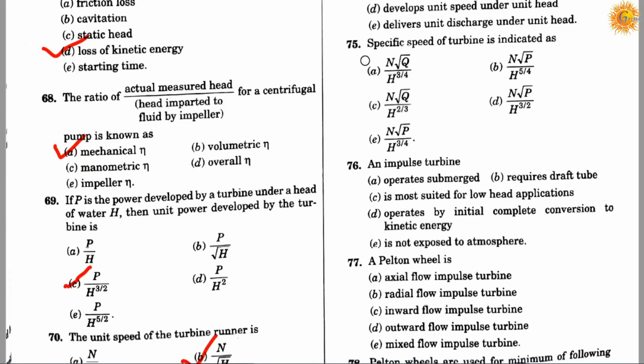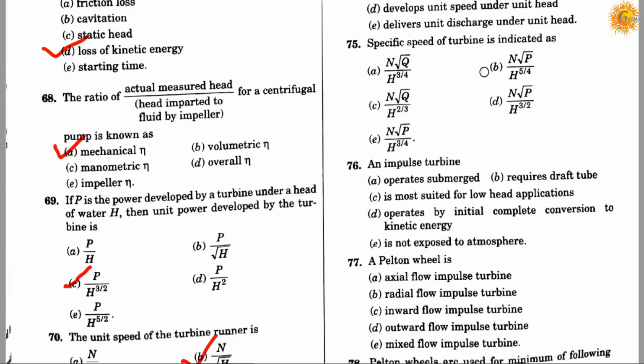Question number 75. Specific speed of turbine is indicated as: option A, N under root Q divided by H power 3 by 4; option B, N under root P divided by H power 5 by 4; option C, N under root Q divided by H power 2 by 3; option D, N under root P divided by H power 3 by 2; option E is N under root P divided by H power 3 by 4.